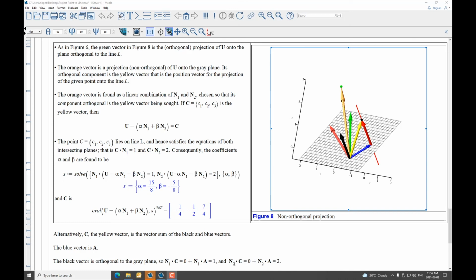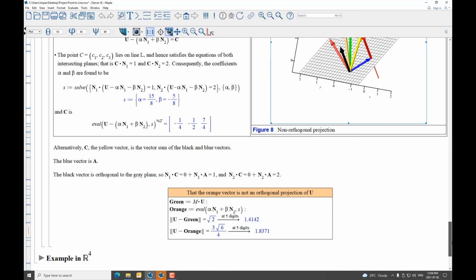And when I dot with N2, the same thing happens, and I can calculate N2 dot A, and I get 2. And then I pondered, why is that 1 and why is that 2? Eventually it dawned on me why this dot product is 1 and this dot product is 2.